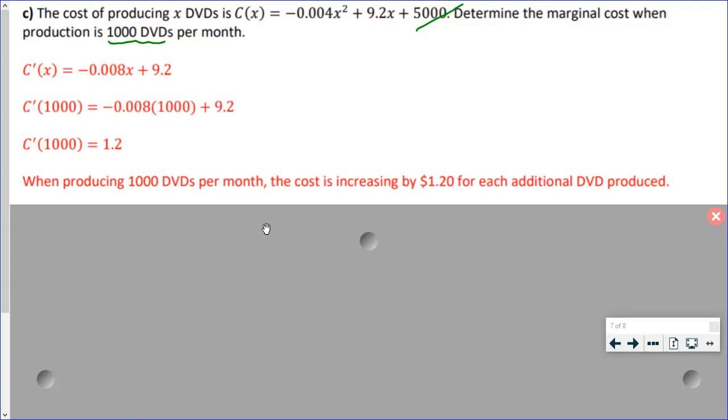If I wanted the cost of producing 500 DVDs, 800 DVDs, or 772 DVDs, I would just plug that value into the derivative of the cost function, which we define as the marginal cost function.